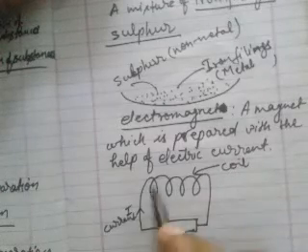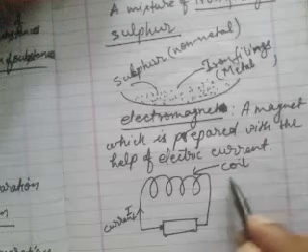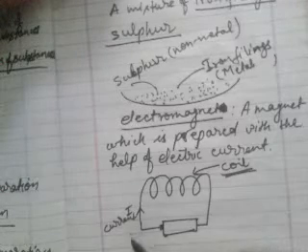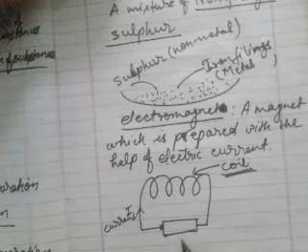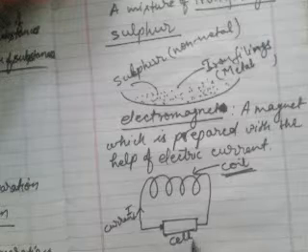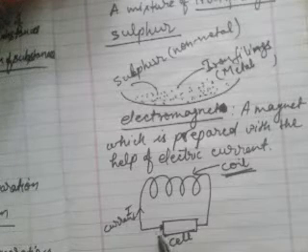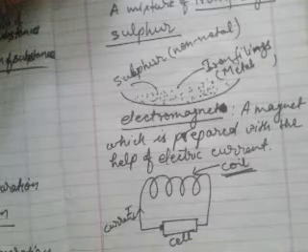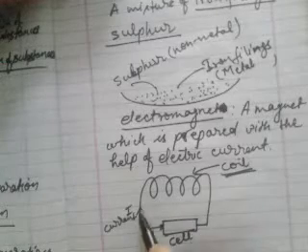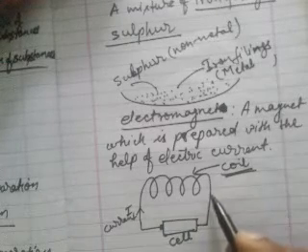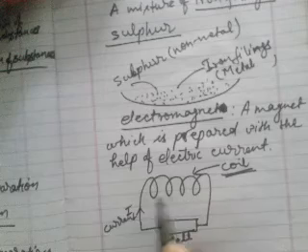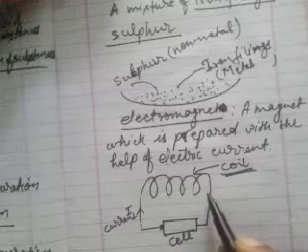When a cell is connected in this way, current flows through the coil and it behaves like a magnet.